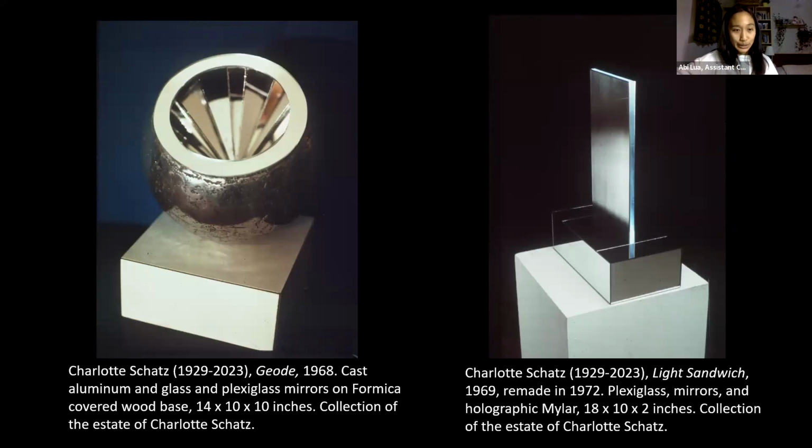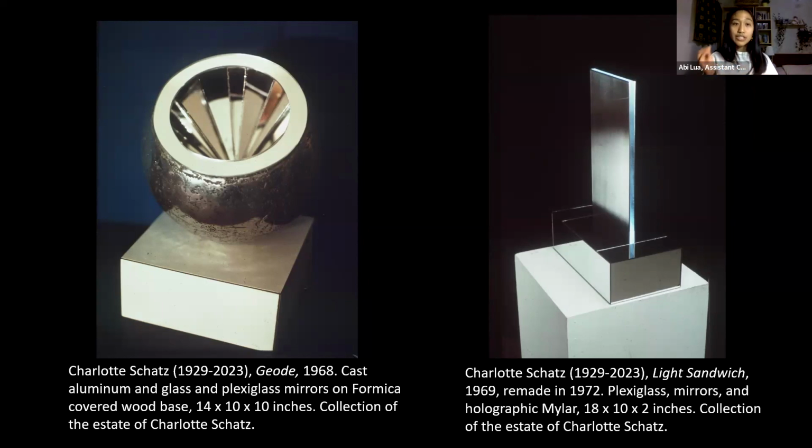And then as we continue here, we can see Geode on the left, recalling the shape of a rock, of a geode. But really with these two sculptures, Schatz is thinking about the way that light plays off of surface and off of metallic surfaces.